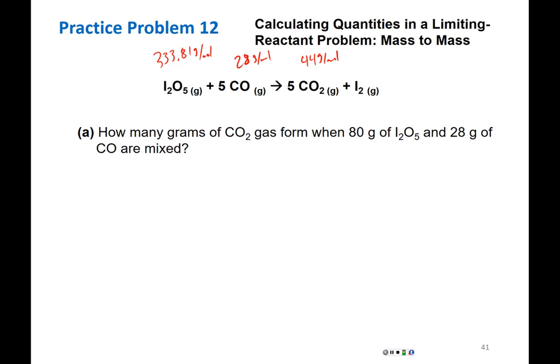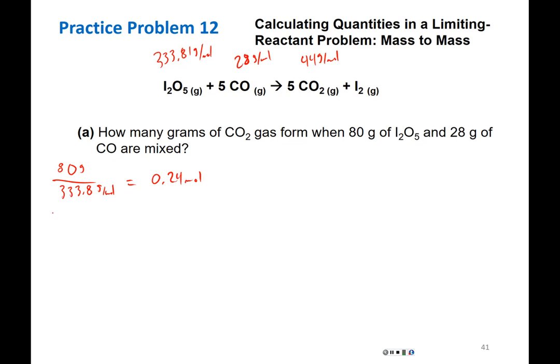Okay, so the first step is to determine the number of moles you have. So we have 80 grams of I2O5, divide that by our molecular weight, and that's 0.24 moles of that compound.